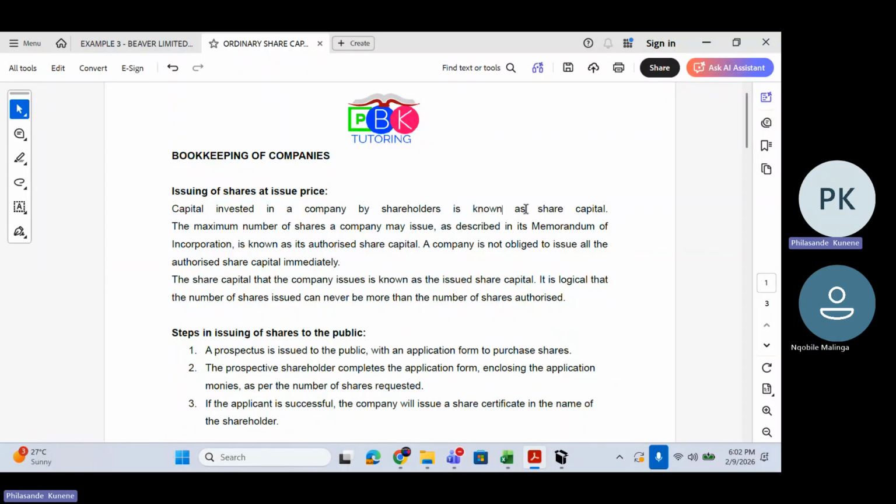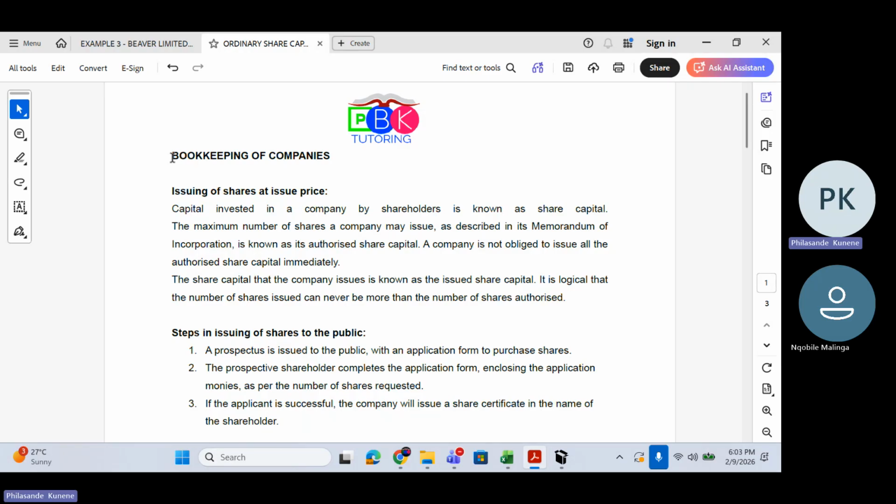Okay. I also wanted us to touch on it myself, so that we can move on once I'm done with it. That's part of bookkeeping of companies. When the company is being incorporated, started or created, we need capital.